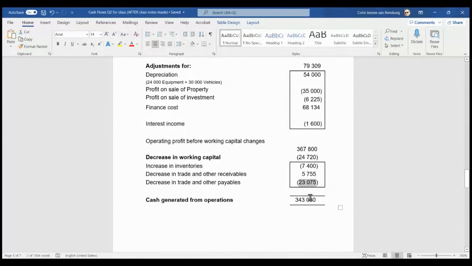This is a liability. So now we've got to go and decide, should we show this as a positive or negative? Again, there are many ways in which you can go and figure that out. I like the philosophical way. So you can ask yourselves, did we pay our creditors, our suppliers, better this year as compared to last year, or did we pay them worse?